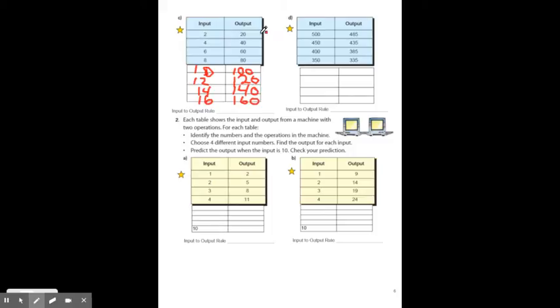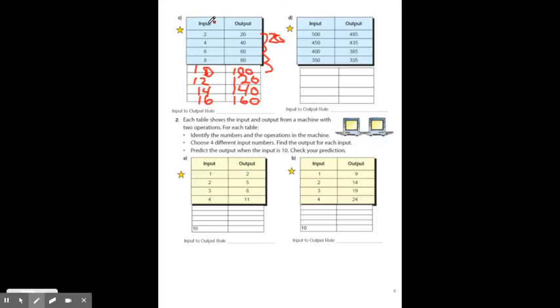Each one of these went up by 20, and the same would be here, the same here. It just kept going up by 20 each time, which then gets us to that input to output rule.